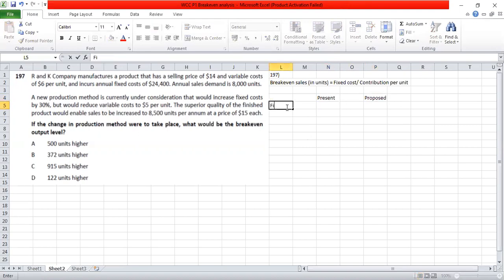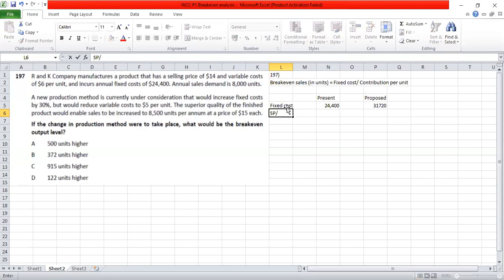What is fixed cost? At present fixed cost is 24,400. It is expected to increase by 30%, so it becomes 1.3. Then we need to know what is selling price, variable cost.